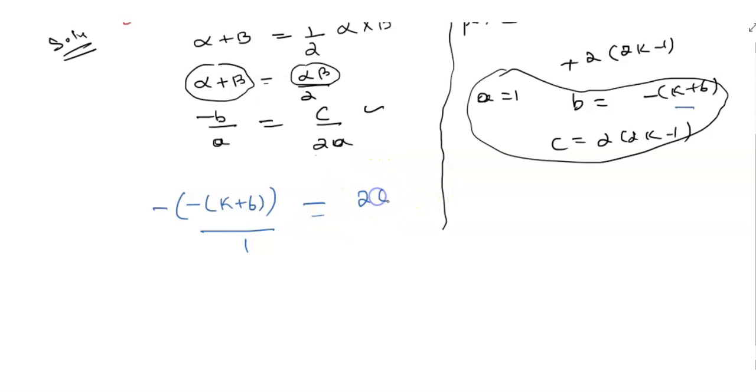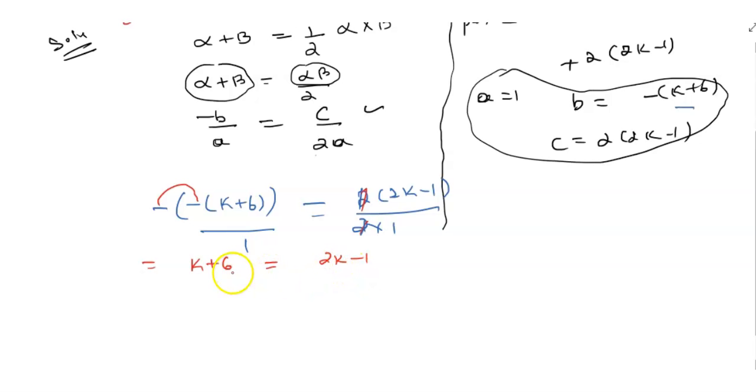That is 2 into 2k minus 1. 2 into what is the value of a? 1. See here, this 2 cancels out, and this minus into minus becomes plus. That means I can write k plus 6 here, and here I am left with 2k minus 1.